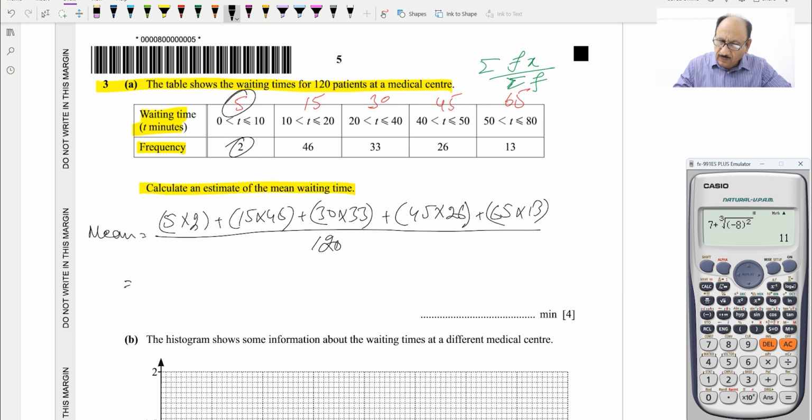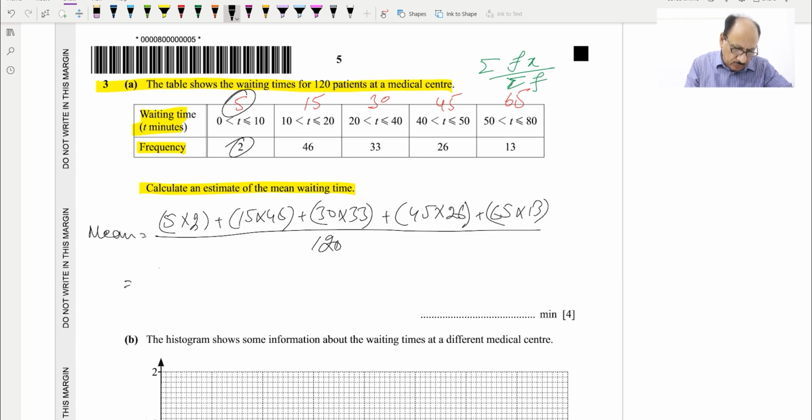Now we can use the calculator for this. 5 into 2 will be 10, plus 15 into 46, plus 30 into 33, plus 45 into 26, and plus the last, 65 into 13, divided by 120, and this is giving us 247 over 8.